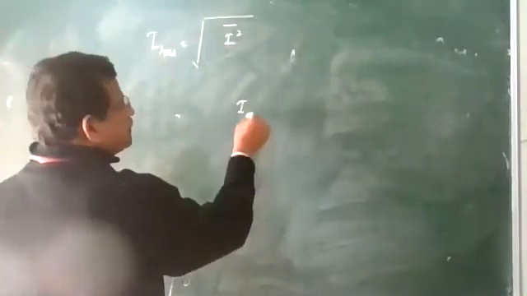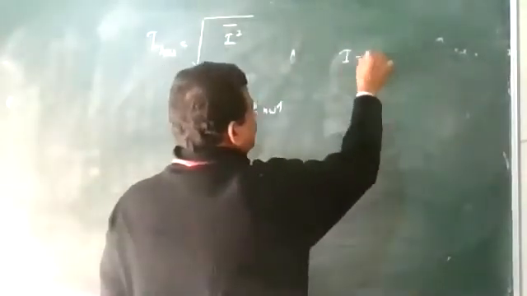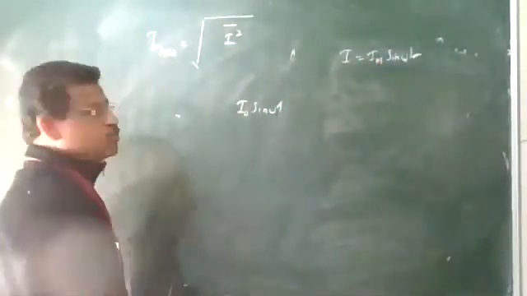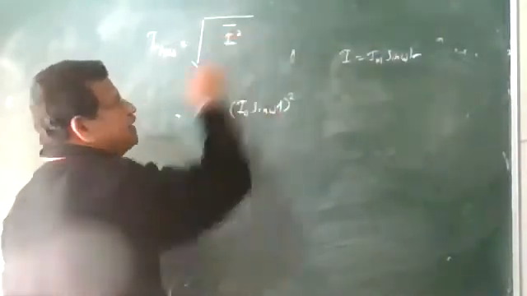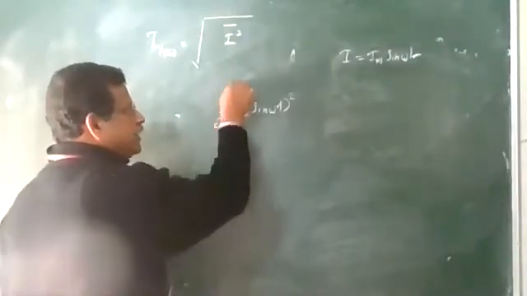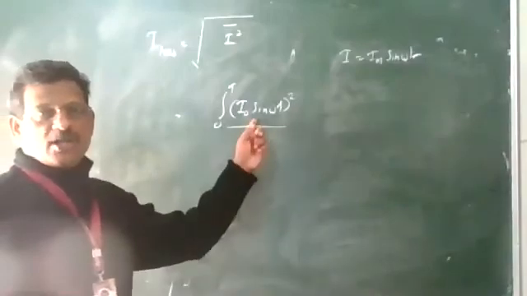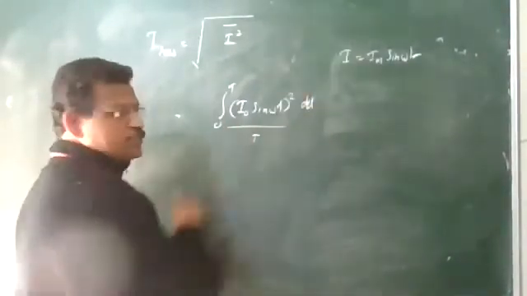The current we are calculating is I equals I naught sin omega t. Square is taken, giving I naught square. Then the mean. How to take the mean? Add all the current values: integral from 0 to T, divided by T. Square is taken, integrate with dt, and the mean is taken.